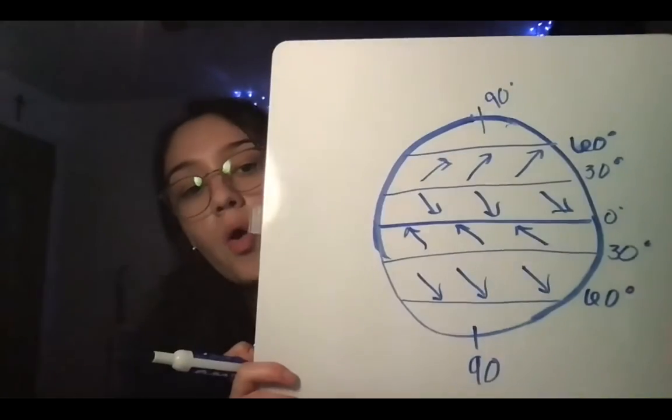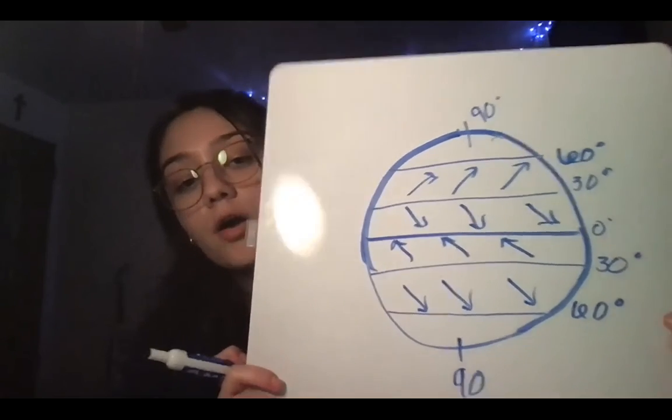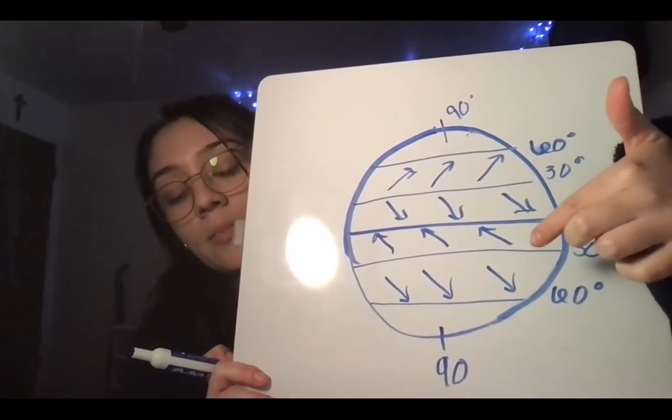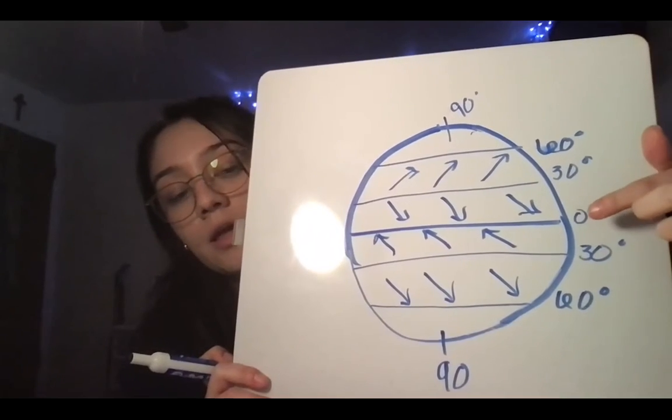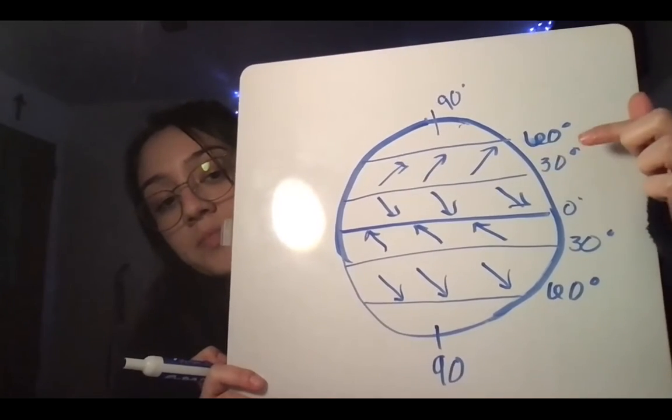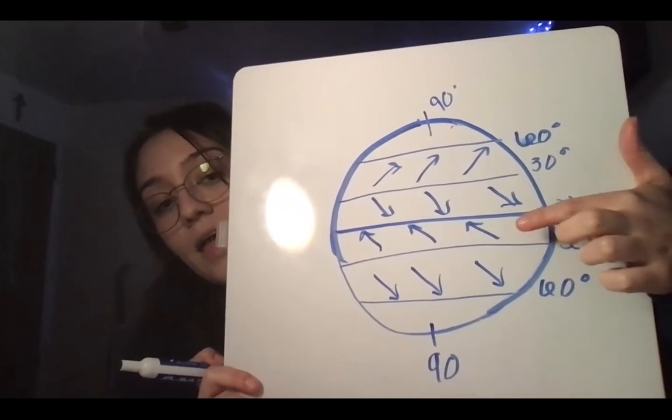Okay, and so then we have the westerlies. So westerlies are going to be going away because there's already air coming to, so like you see 0 and 30, there's air from this 0 and 30 coming here and vice versa.